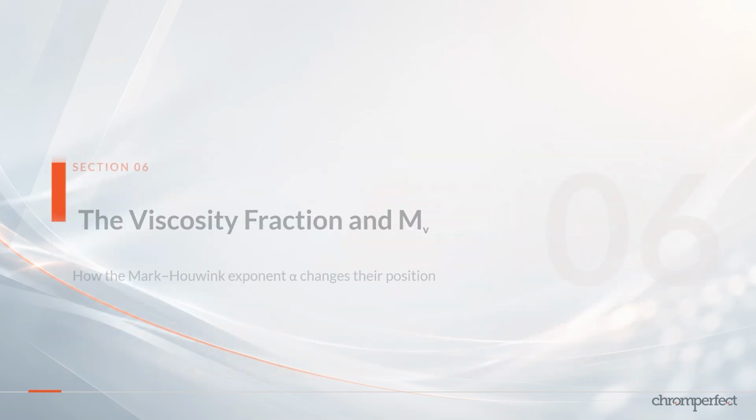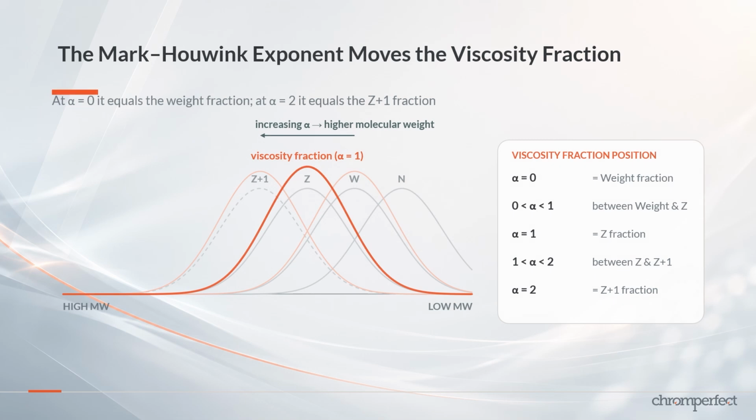The viscosity fraction and Mv. So far, we have considered the number, weight, z, and z+1 fractions. The viscosity fraction and the viscosity average molecular weight, Mv, add another trace and another marker. Their positions depend upon the Houwink exponent, alpha. When alpha equals 0, the viscosity fraction and weight fraction traces are superimposed.